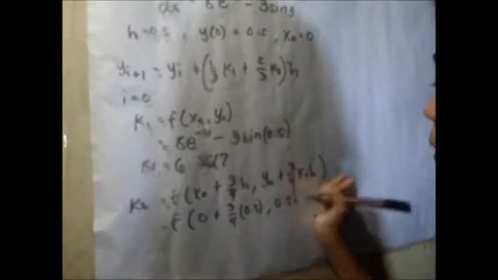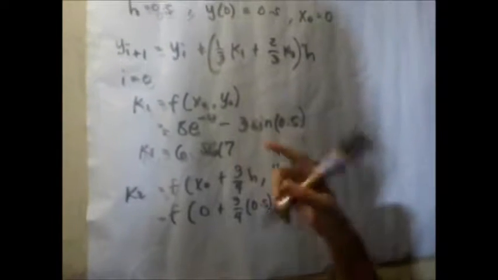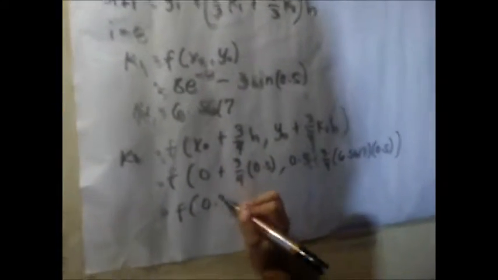So we have x sub 0 is 0 plus 3 over 4, and the h is 0.5, comma, then 0.5 plus 3 over 4, the k1 is 6.5617, times the h of 0.5. So here, for the x, we have 0.375. Then for the y, we have 2.9606.